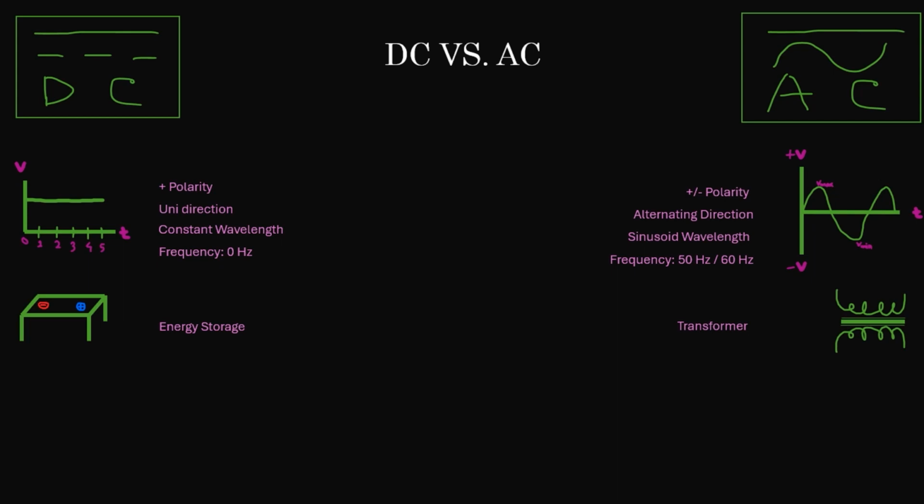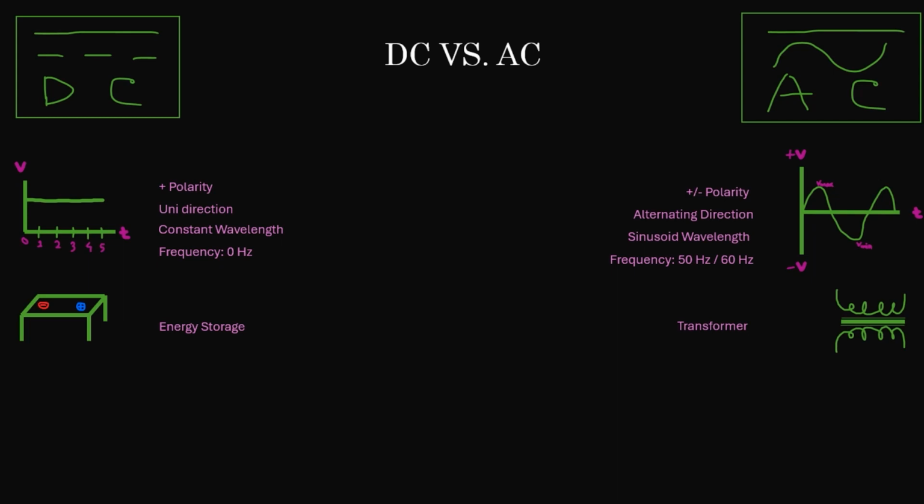It helps to step up or step down the power very easily, and we don't have a transformer for DC because it doesn't have any induction unlike AC, and hence you cannot transform DC like AC. So that's a very important key feature of AC, because we have the transformer, and that's why we can transfer energy anywhere in the world.